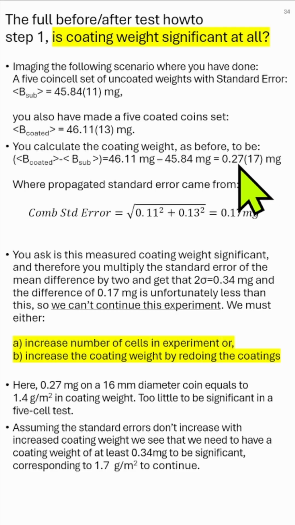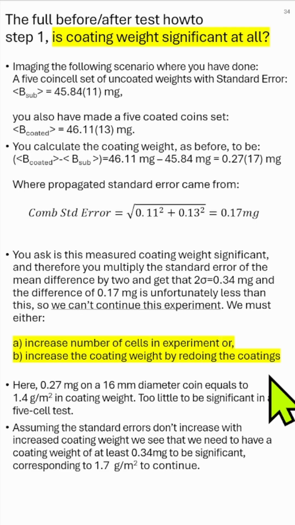That must be larger than 2 times that combined standard error. And 2 times 0.17 milligram is 0.34 milligram. And that is not larger than 0.27. So with this coating weight we have made, we can't continue this experiment. It is too little to be statistically significant.